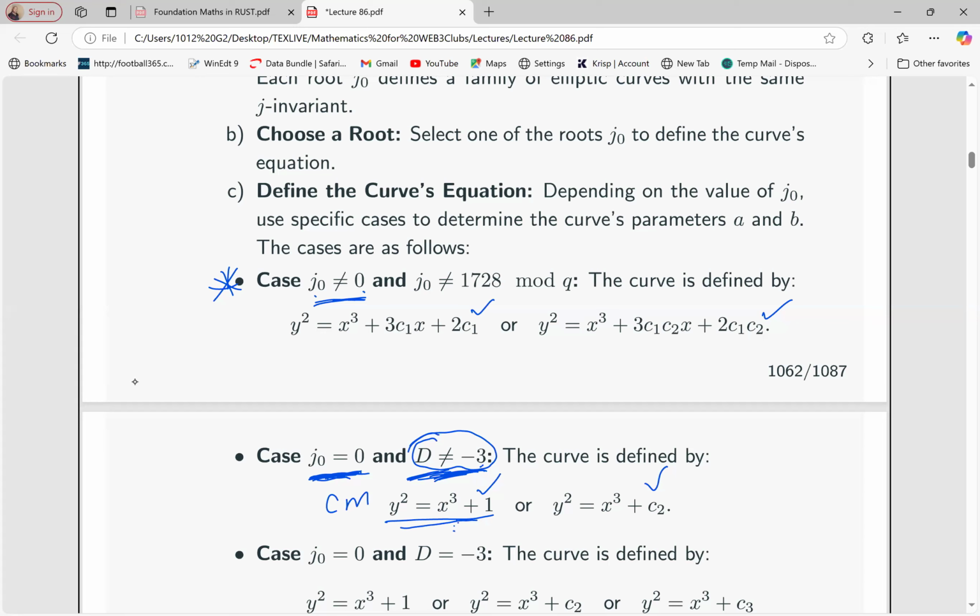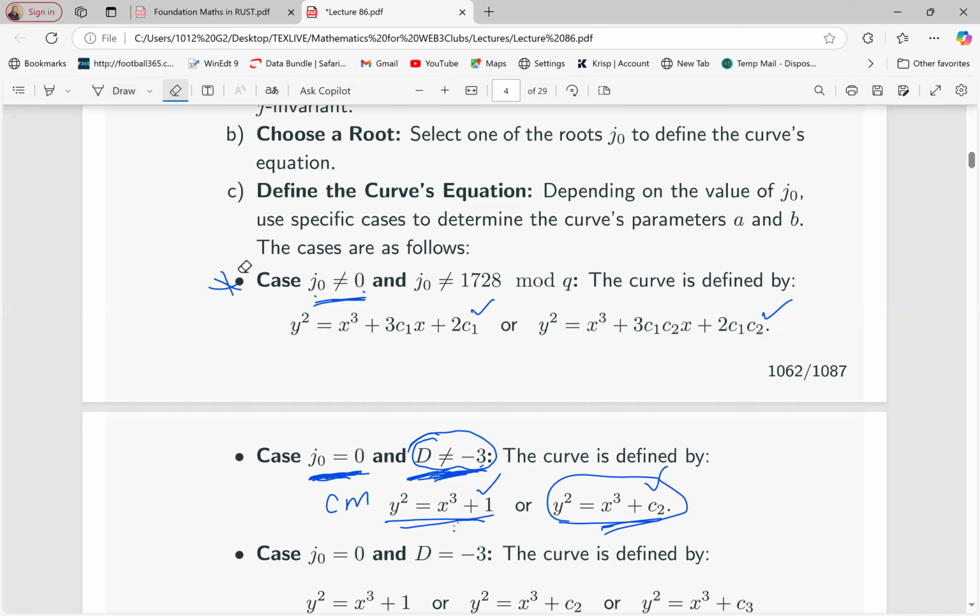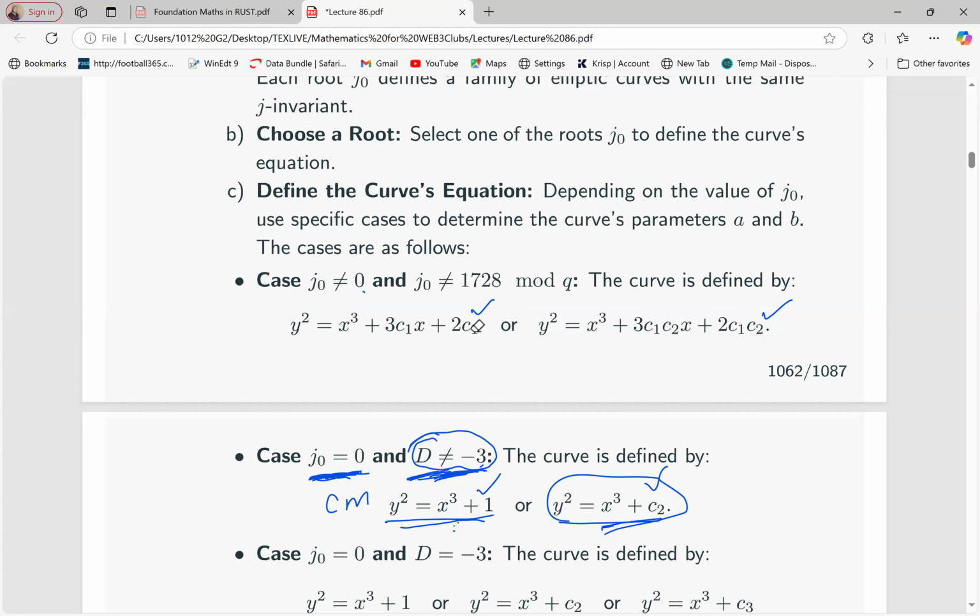If it does not have the points you want, then this one must be the one. You can try it and check. You will find out that it has the points you want. So that is the second case, where your J invariant was 0 and the discriminant was not equal to -3.